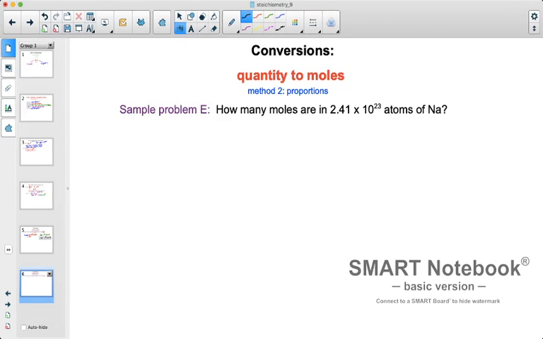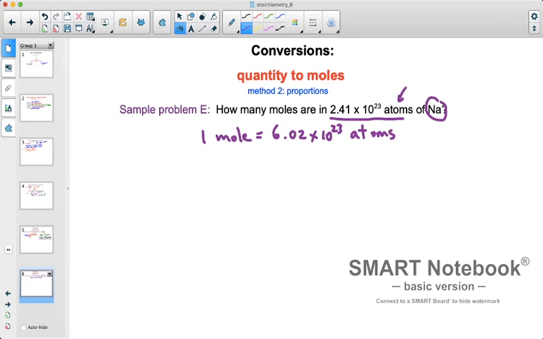So since I'm going to set up my proportion, all I have to do is take a look at what I'm given and remember that 1 mole is equivalent to 6.02 times 10 to the 23. And in this case, I'm given sodium and also the word atoms. So I'm going to write atoms here.